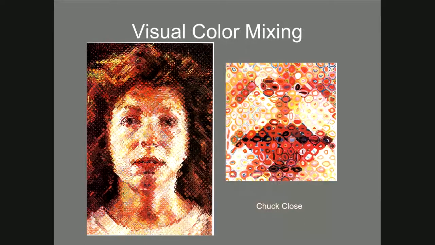And this is more of a modern take on pointillism by Chuck Close. Chuck Close was a hyper-realist painter that has become ill over time. So now he has face blindness where he can't recognize people, and he also can barely move his arms. And so he can only paint these circles.